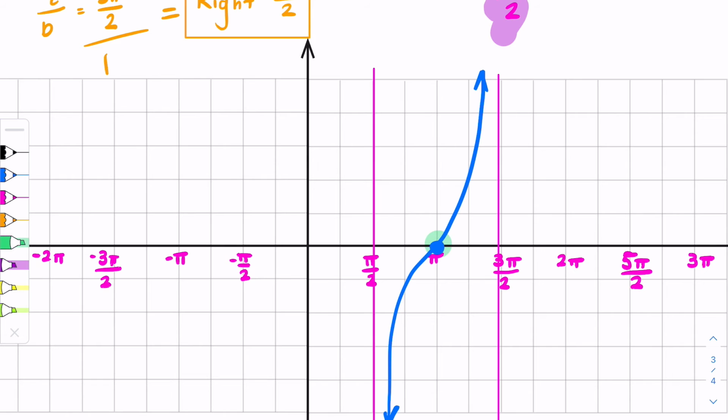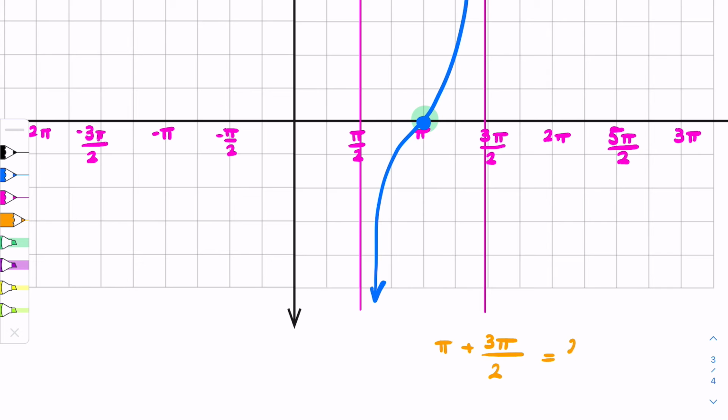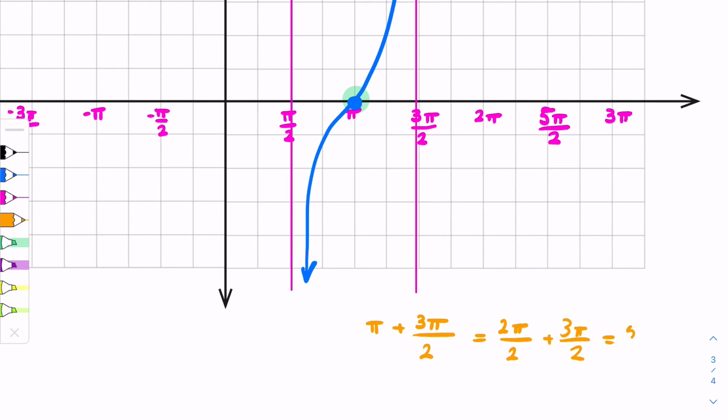The first value that we have is at pi. So if we add 3 pi over 2 to pi, we end up with, of course, a common denominator fraction of 2 pi over 2 plus 3 pi over 2, which is equal to 5 pi over 2. So this point is going to slide all the way over to 5 pi over 2.